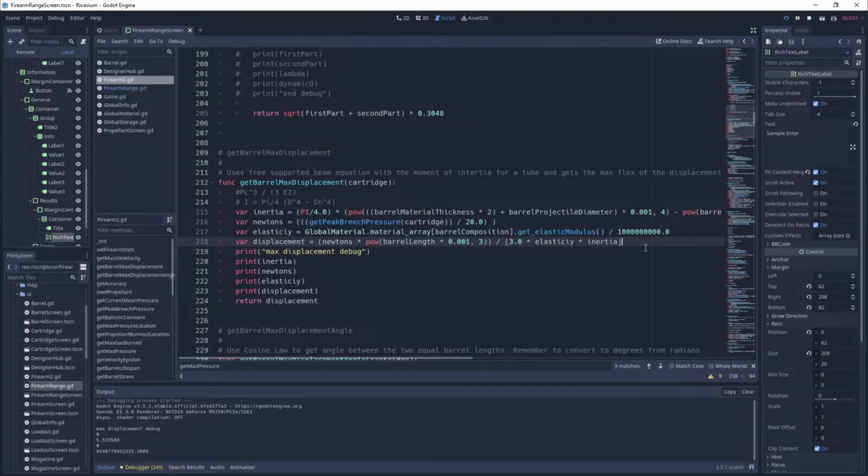So elasticity is 0. That's correct. The inertia should be really low. So we're gonna take the diameter of the bigger portion.